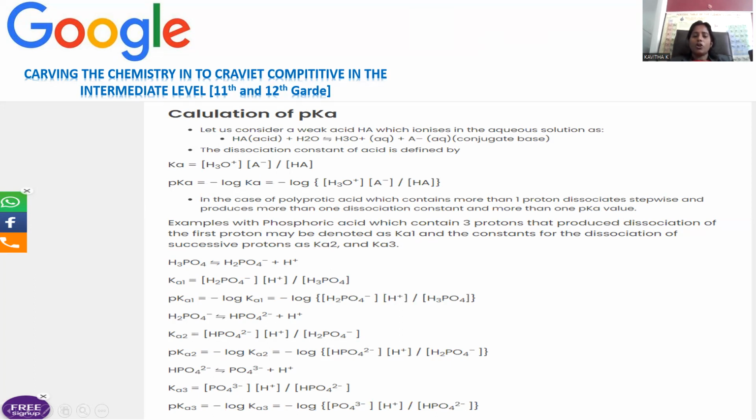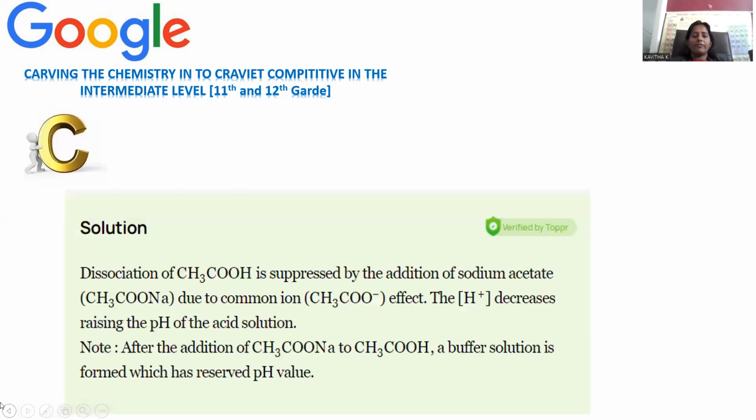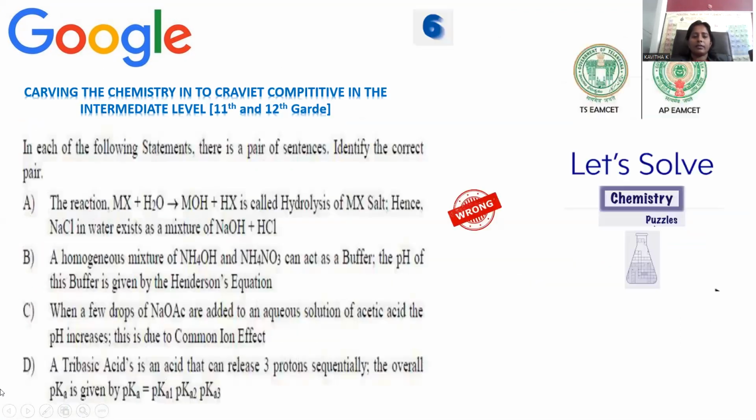But the thing is, total pKa is not the product of pKa1, pKa2, pKa3. Rather, it will be the sum of pKa1, pKa2, pKa3. So we can take the total pKa is equal to pKa1 plus pKa2 plus pKa3. So that half of the part is correct.